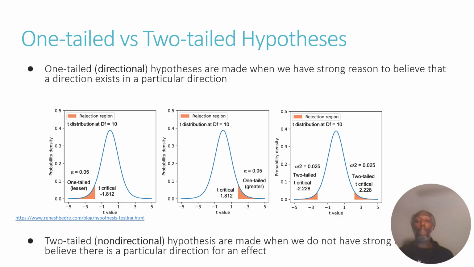In this case, for our two-tailed hypothesis with 10 degrees of freedom, we are looking at critical t-values of 2.228 and negative 2.228. So if I have a t-score that I calculate which is greater than 2.228 or less than negative 2.228, I would reject my null hypothesis.